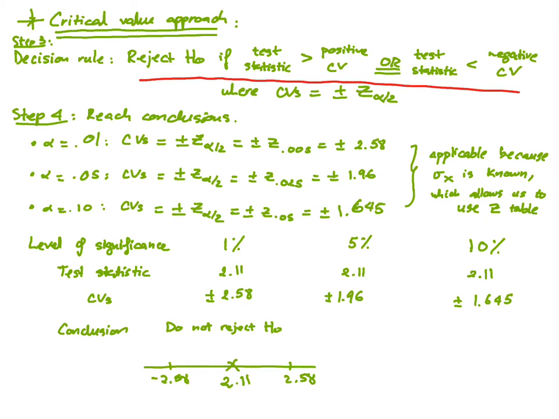At 5% level of significance, we have 1.96 and negative 1.96. So if this is negative 1.96 and if this is 1.96, where does 2.11 fall? 2.11 falls outside of that interval, which means that 2.11 is greater than the positive critical value according to our decision rule. That means that we can reject the null.